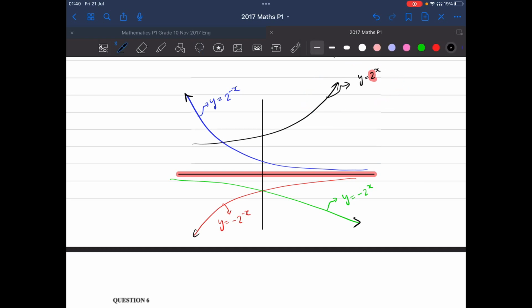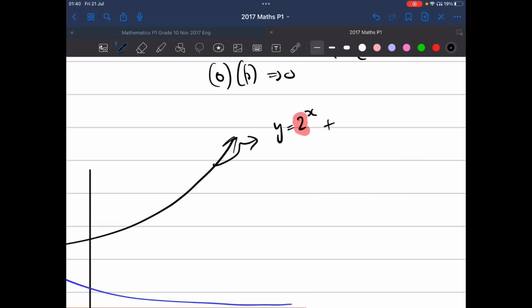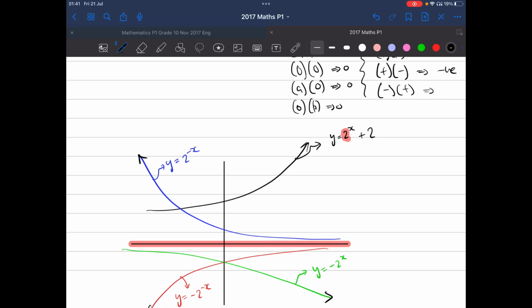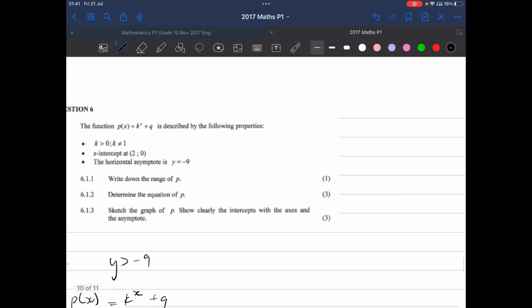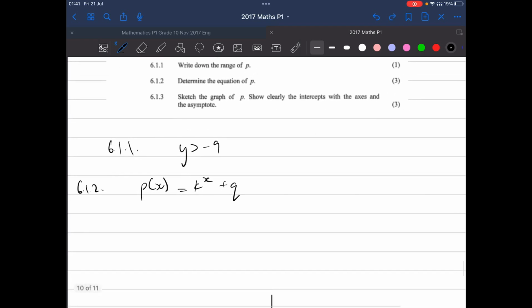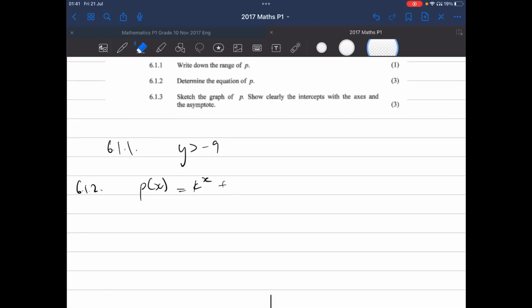Okay, so now this will become 2x to the power of 2 plus 2. I moved it up by 2 units, and the asymptote would move from 0, because remember here it is at y equals 0, which is the x-axis, it would move to y equals 2. Okay, so in this case we're told the horizontal asymptote is minus 9. So that means our q, we can say, is minus 9 as well.